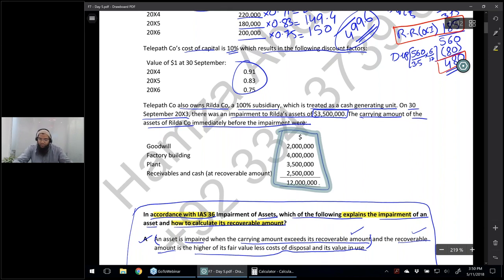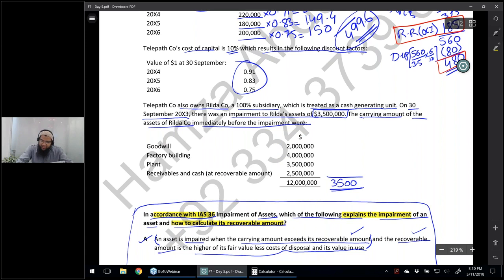Let's calculate in thousands. The receivables and cash are already at the recoverable amount, so no loss on these. First, we are going to record the loss against the goodwill, and the new carrying amount of goodwill after the impairment is going to be 0, and receivables is going to be 2,500, and the total is going to be 12,000 minus 3,500.